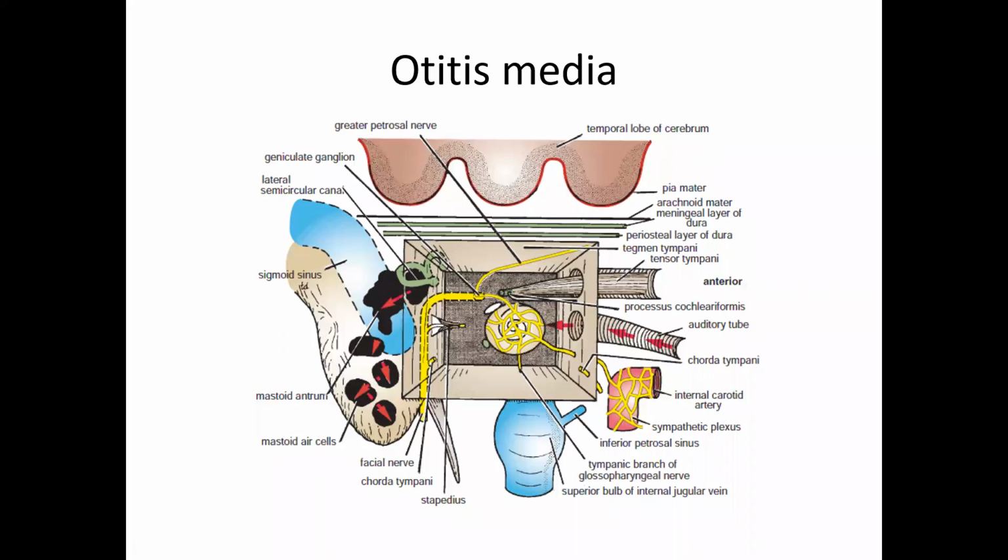Cochlea has got 2.5 turns. Some people say 2.75 turns. The basal turn is where the bulge comes into the area.